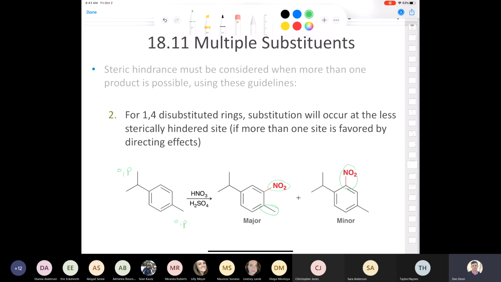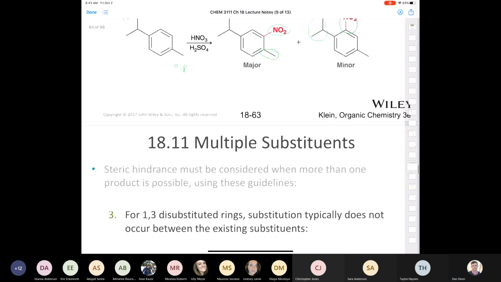You can get some of this product, which is ortho to the isopropyl group, but remember, they're both weak activators. It's not like one of them is weaker than the other. That's not the issue. The issue in this case is going to be governed by sterics. Okay, so that we make that decision.